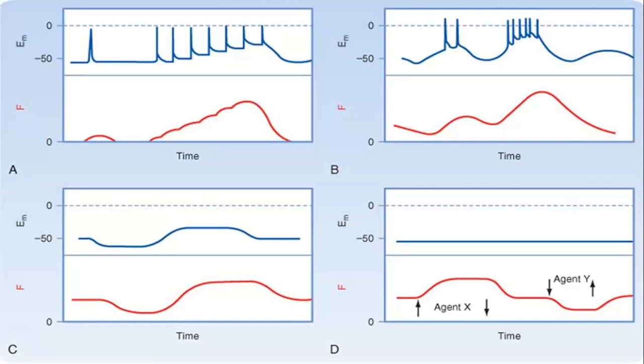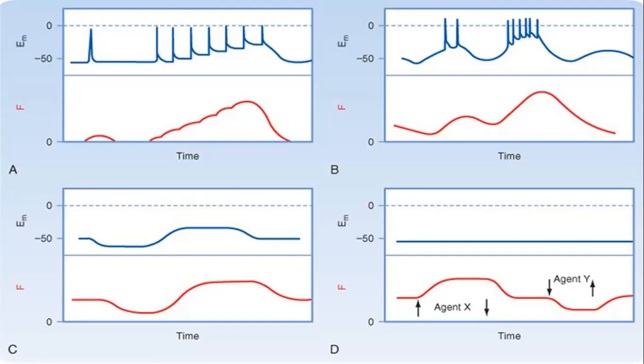So you can see the electrical response and the mechanical response. Action potentials are characteristic of single unit smooth muscles. Gap junctions permit the spread of action potential throughout the tissue.